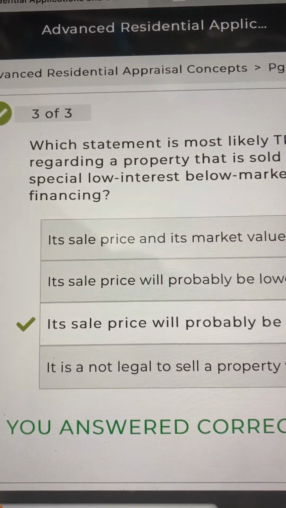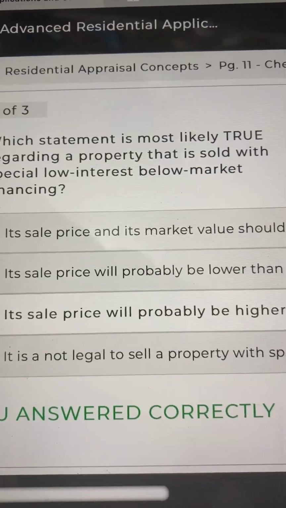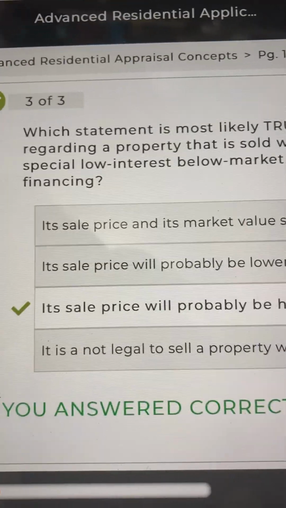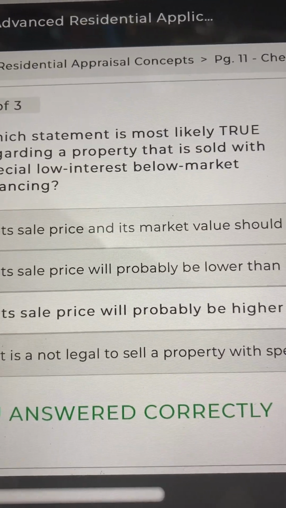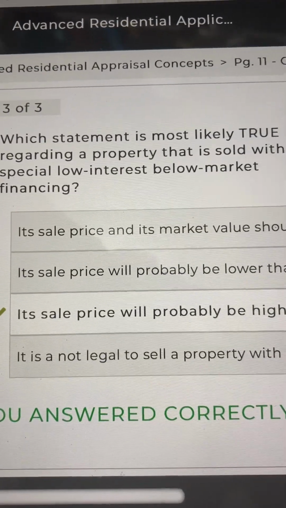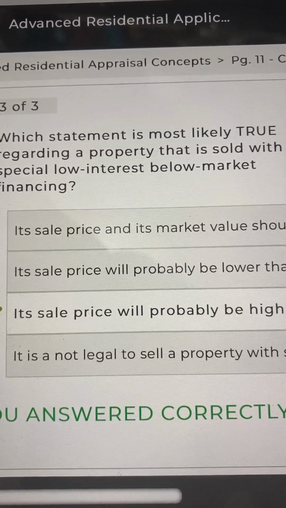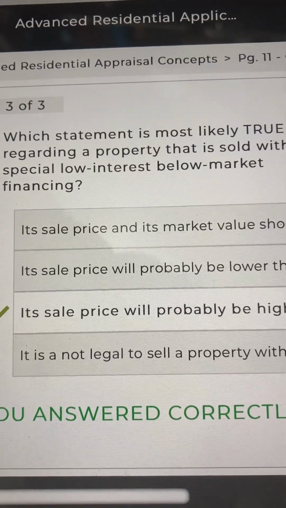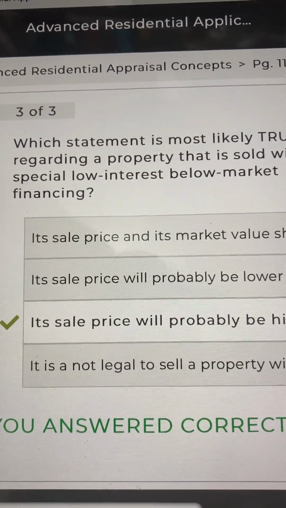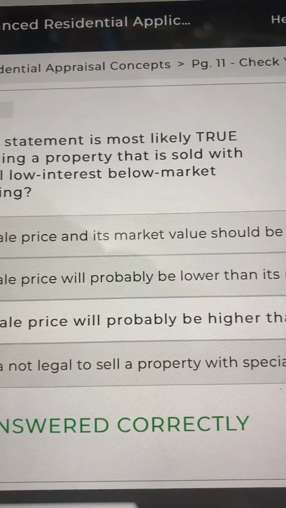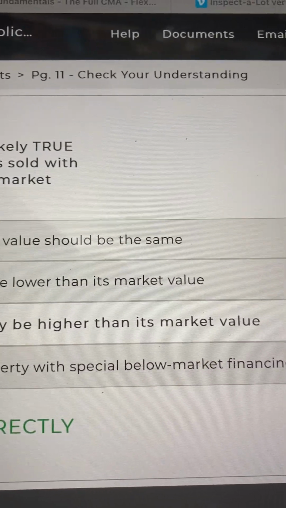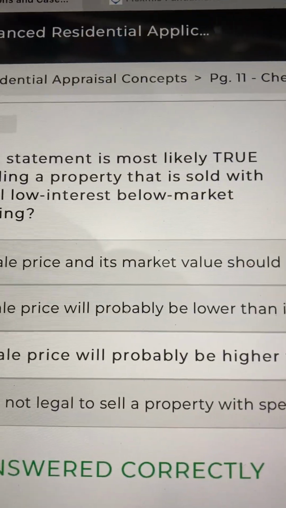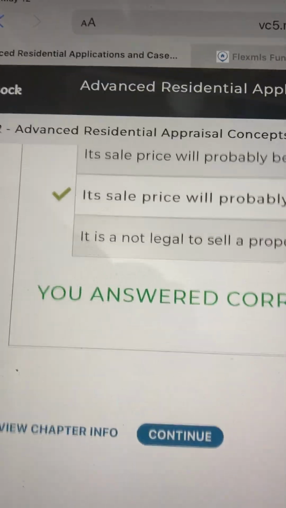And lastly, number 3, which statement is most likely true regarding a property that is sold with special low interest below market financing? You said its sale price will probably be higher than its market value, and that was correct. Continue.